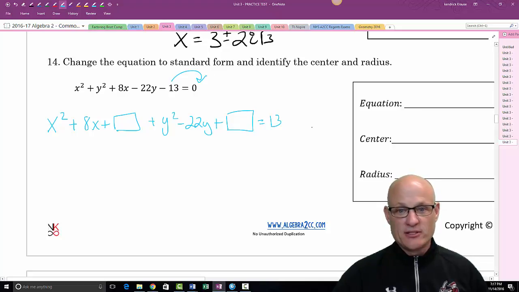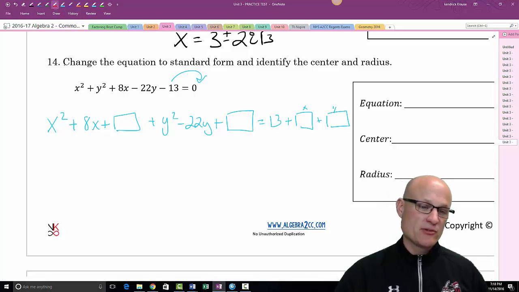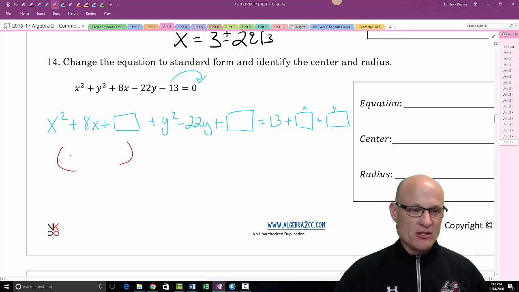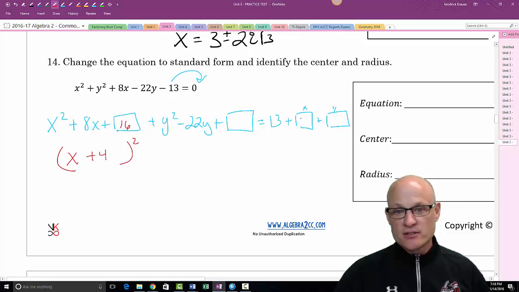It becomes positive plus the box for the x's plus the box for the y's. All right, let's see what goes in these. What's half the middle? Half of 8 is positive 4, squared is 16. Plus, what's half of negative 22? That's minus 11. Squared is 121.